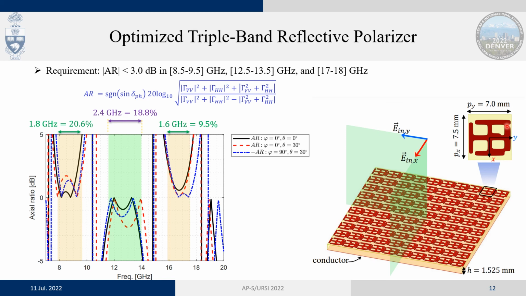You can see that unlike the Jerusalem cross, on this scatterer we have these three dipoles connected to each other. So after the successful design, we went ahead and fabricated this polarizer and measured it.